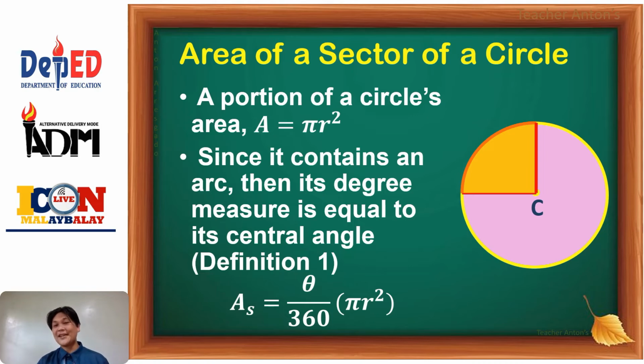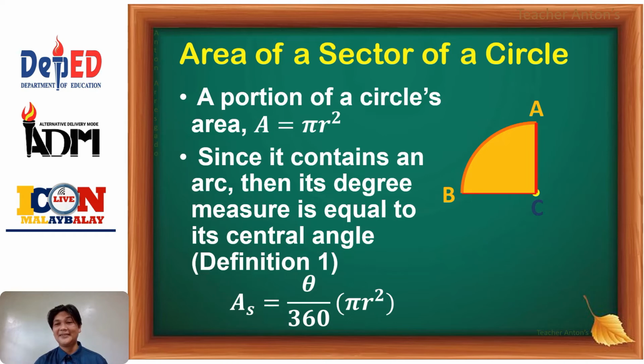It's just like that, one fourth of the area of the circle. Since the figure is bounded by an arc and radii, we have an arc AB. So the sector of a circle is just like a slice of a pizza, as I've said.